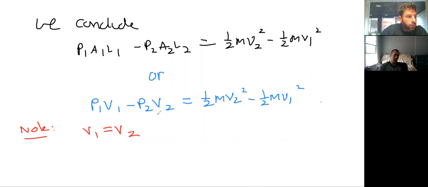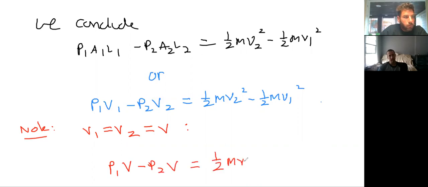V1 has to equal V2, so let's just call it V. So what you end up getting is P sub 1 times the volume minus P sub 2 times the volume equals this. So this is a very useful equation, but we can do better.